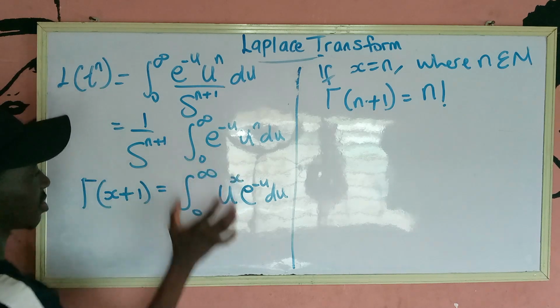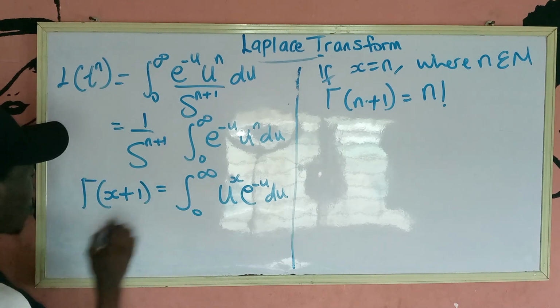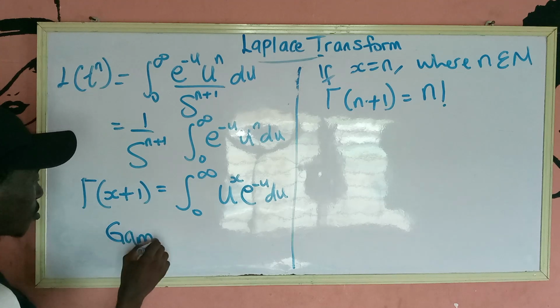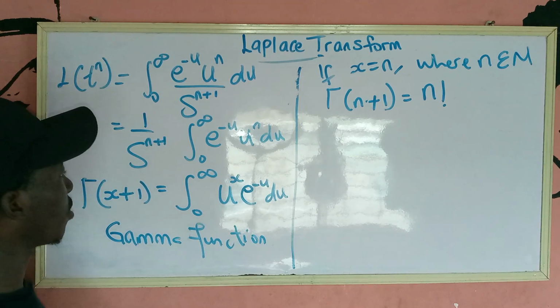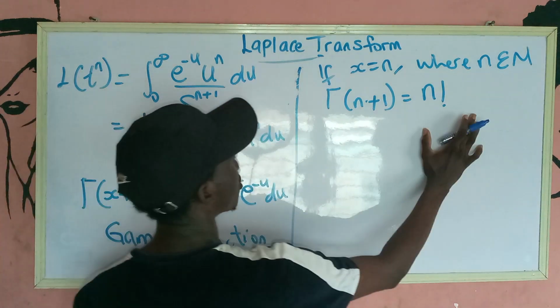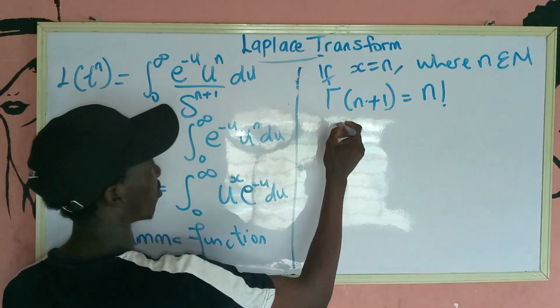So from this definition, this is called the gamma function.